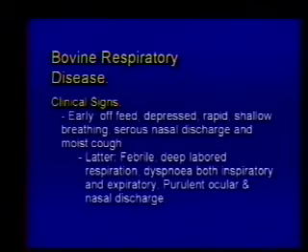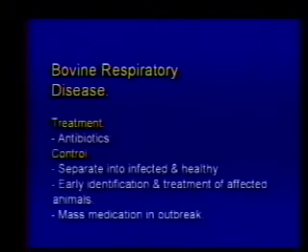So this is a disease that is progressive from its early stages to the latter stages. Treatment of this condition, of course, is with antibiotics, and we'll talk a little bit more about that in my last slide, about which antibiotics are the most common ones used in cattle.